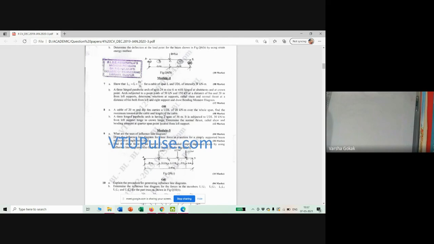Quarter means what? Total is 36. So half of 36 is how much? 18. So quarter means half of 18, that is at 9 meter distance. We have to find the radial shear, normal thrust, etc. But the entire left half has a UDL of 30 kilonewton per meter. Something same we have done, but with different values, right?